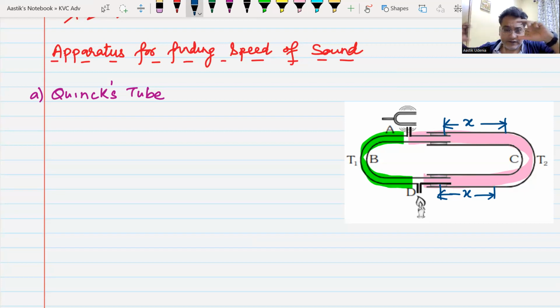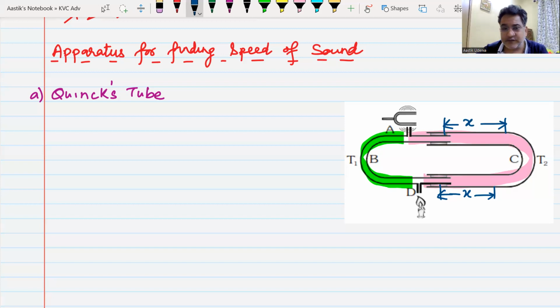When you move this tube out, interference occurs between the green wave and the pink wave. Yes, sir. And the path difference between the green wave and the pink wave is 2x. Do we understand why it is 2x?